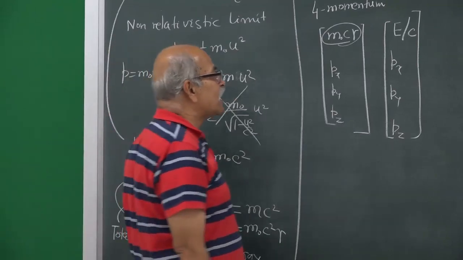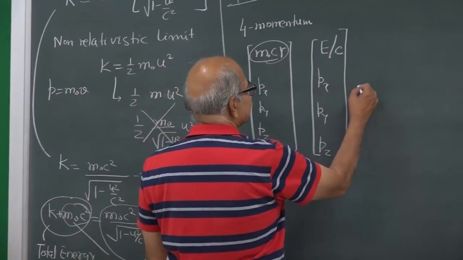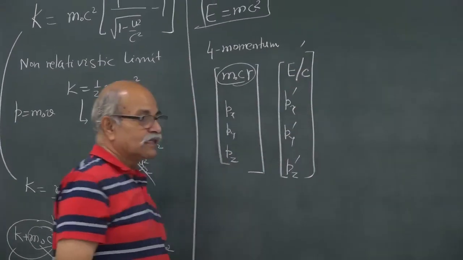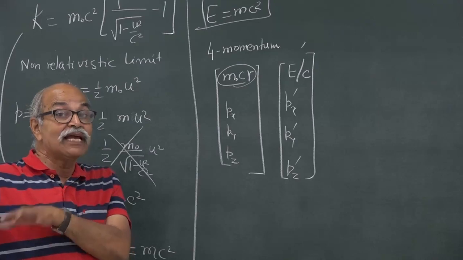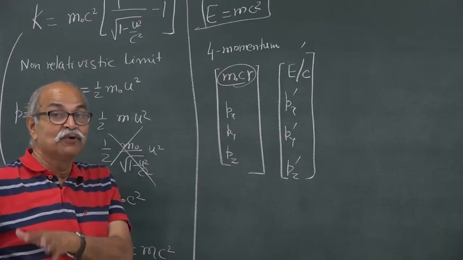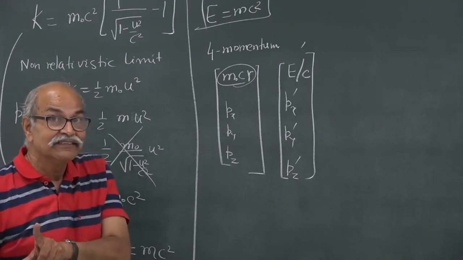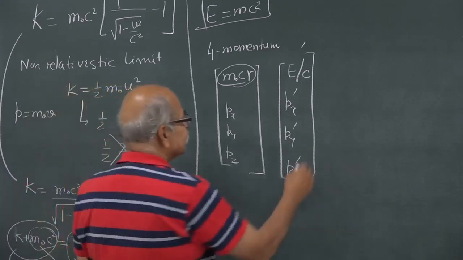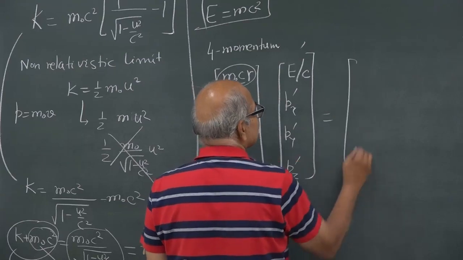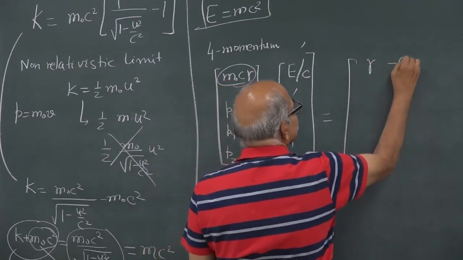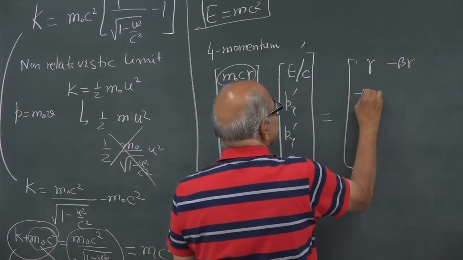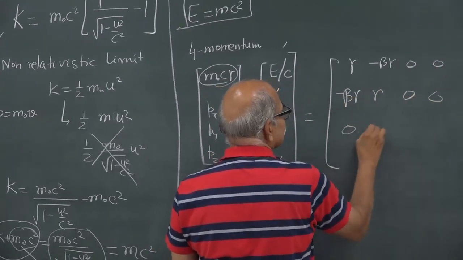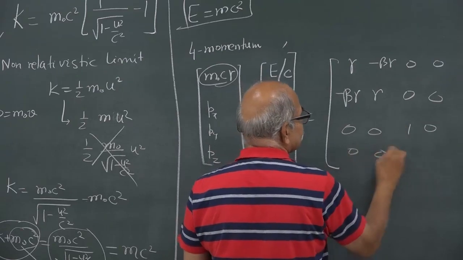If you are changing frame, so in the primed frame, let us say these are the quantities. Now, I am going from S to S prime, moving with velocity v, and there is a gamma corresponding to that v, and then you know what the Lorentz transformation is. It is the matrix gamma, minus beta gamma, 0, 0; minus beta gamma, gamma, 0, 0; 0, 0, 1, 0; 0, 0, 0, 1.